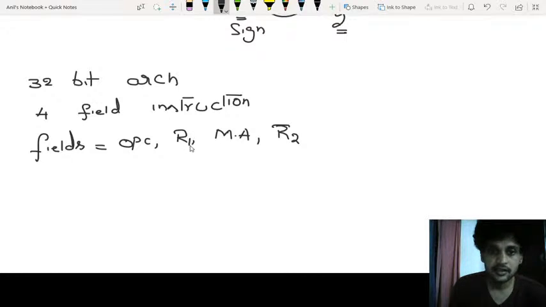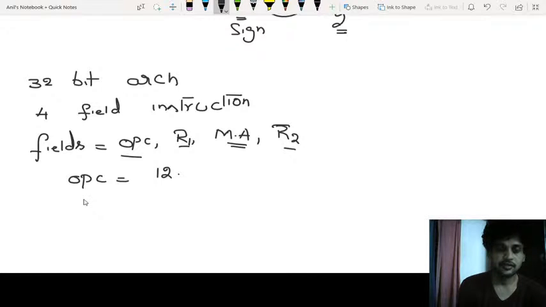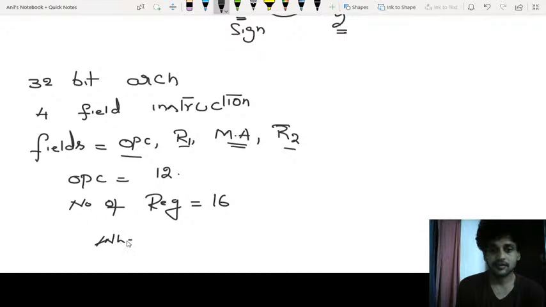In fact, there are two registers: one opcode, two register fields, one memory address field. Number of opcodes, 12. Number of registers, 16. And what is the size of the main memory?